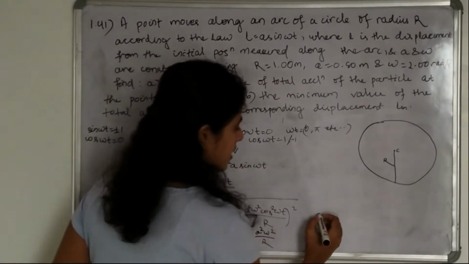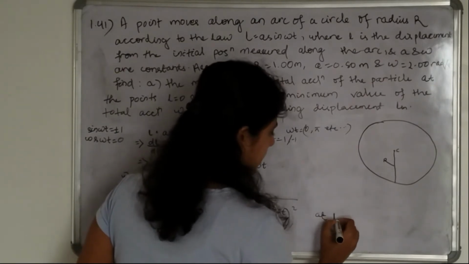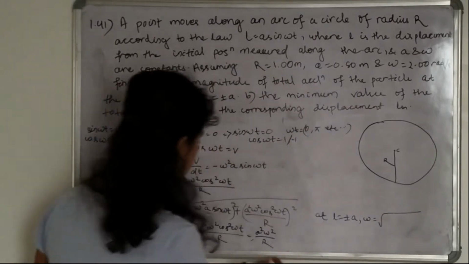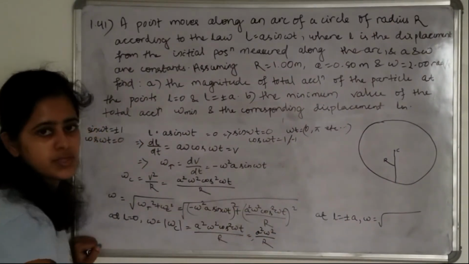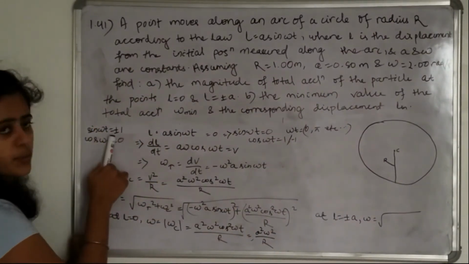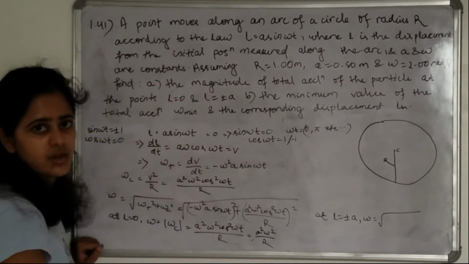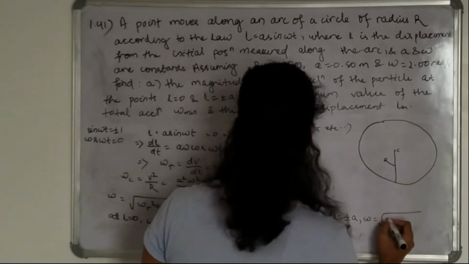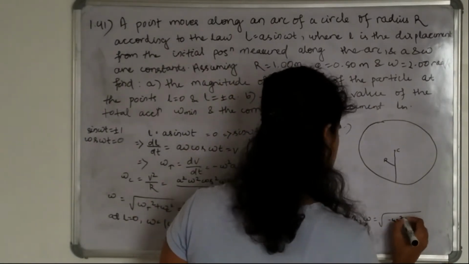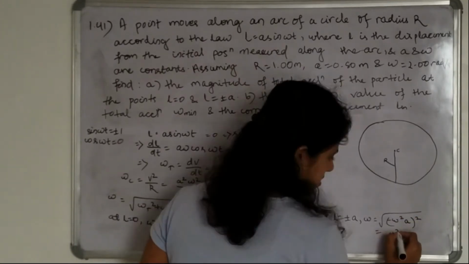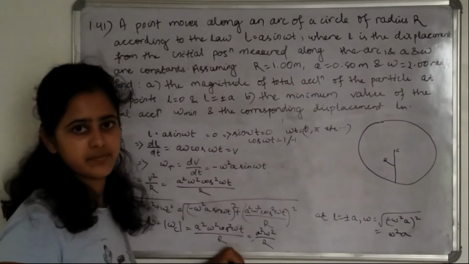So at L is equal to plus minus a, the value of total acceleration will be how much? Cos omega t value will be 0. Only we are left with sin omega t. So by putting sin omega t is equal to plus 1 or minus 1, what we have got? Root over of minus omega square a whole square, simply omega square a.